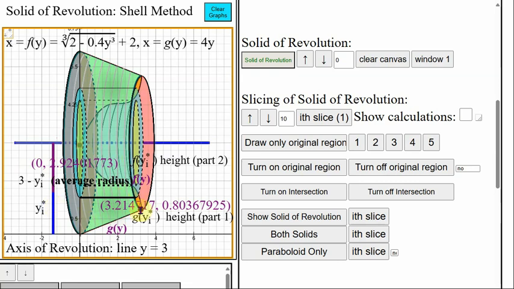And so for shells from 0 to 0.8367925, the height of the shell will be g of y sub i star. And then from 0.8367925 up to 2.9401773, the height of the shell would be f of y sub i star.